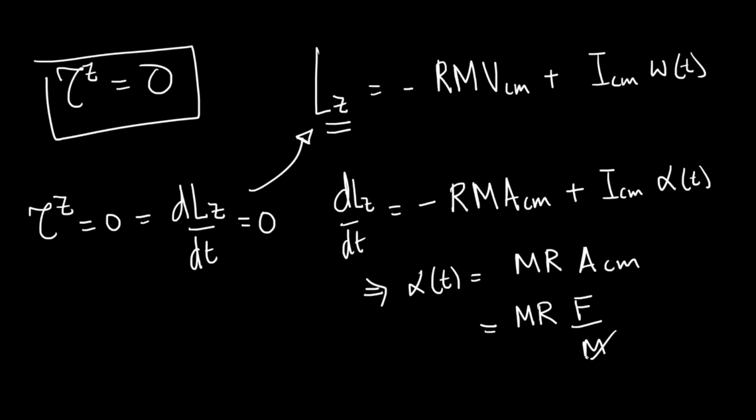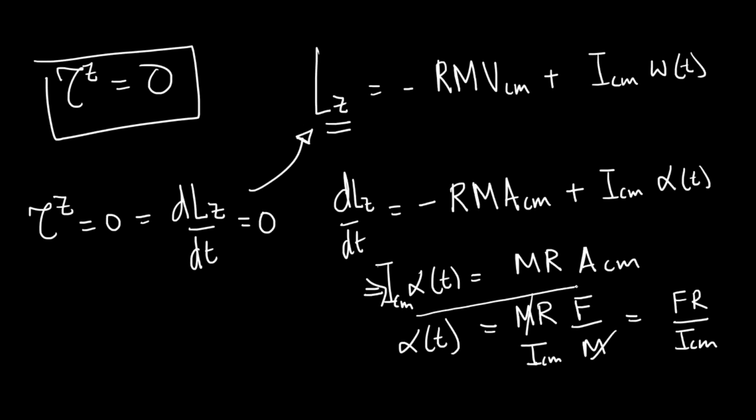Whoa, not too bad. One second, I forgot Icm, sorry, Icm alpha, and so divided by Icm, this is equal to F R by Icm, and I'm definitely relieved to get the same answer again.